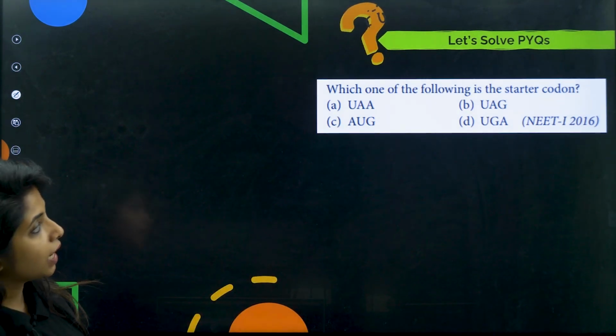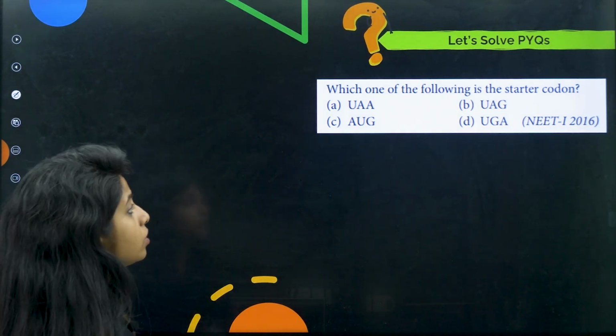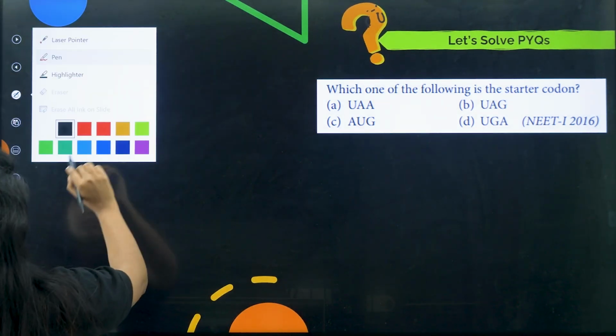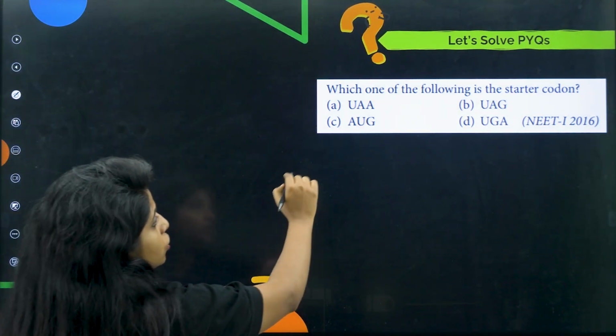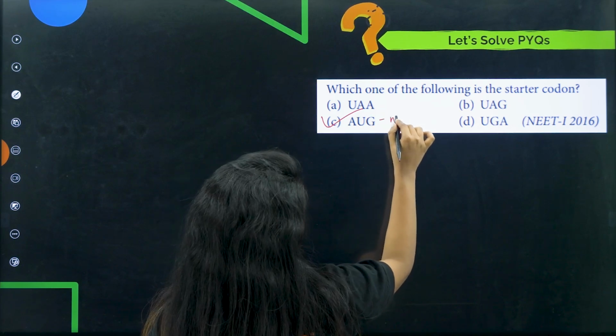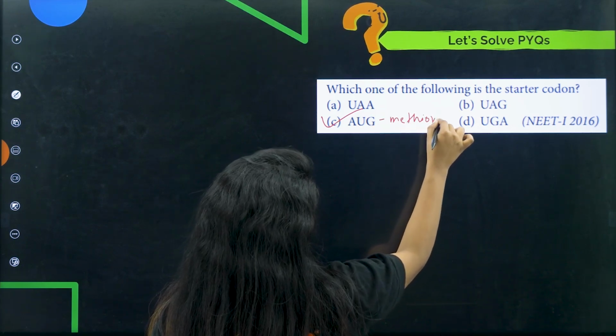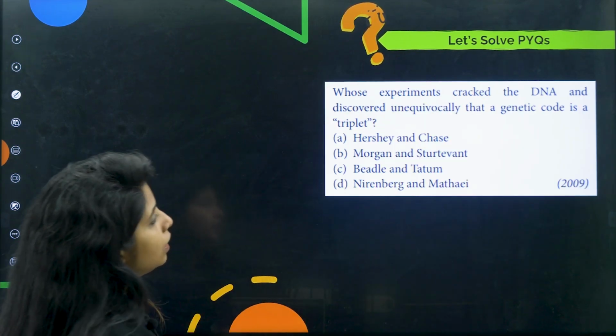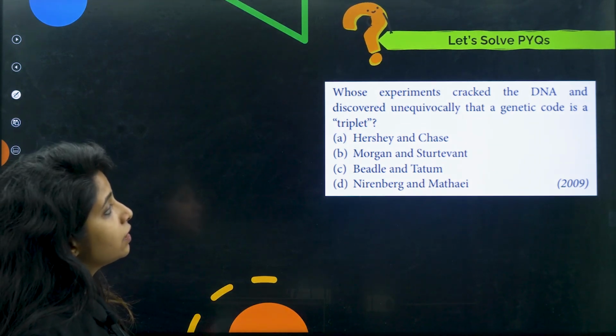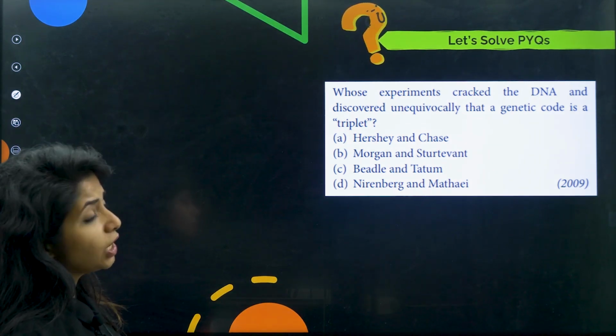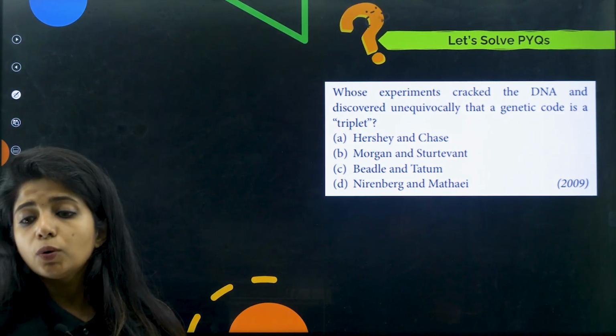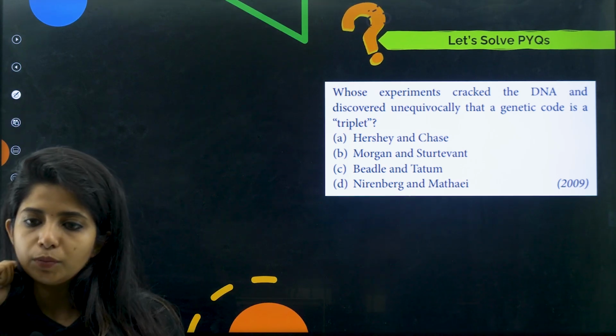Going ahead, which one of the following is a starter codon, or start codon, or initiator codon? You tell me. It's AUG, which also codes for methionine. Cool. Now, whose experiments cracked the DNA and discovered unequivocally that the genetic code is triplet? Who was that particular person?